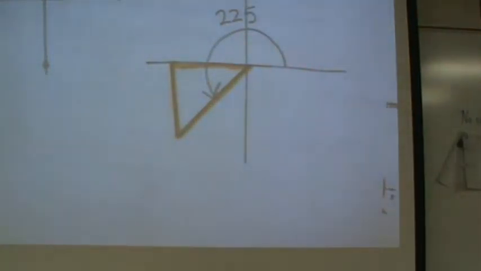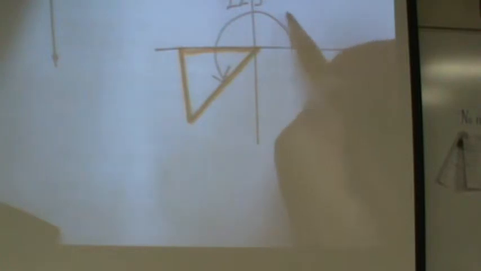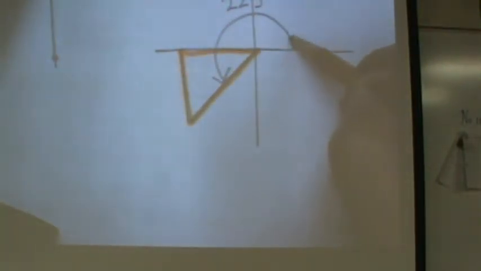Does everyone understand that triangle? Now, let's use some common sense here. If from here to here is 225, let's shave off this, because I'm concentrating on this orange triangle right here. If we remove all of this, how much is this worth? 180. So if you subtract 180, what do you get? 45.